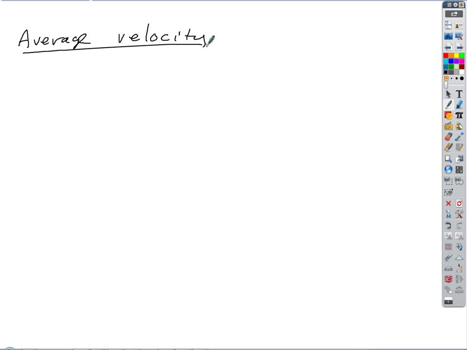Most books would let position be denoted by an S. So when you go to college, be ready for that. It'll typically be an S and not a D. And we're going to be moving on the x-axis, so we could even just call it X if we want, right?